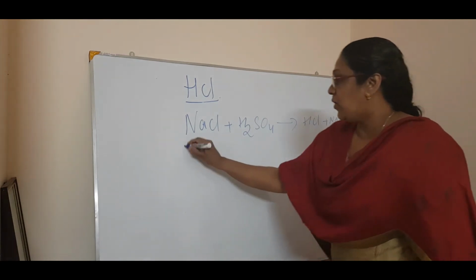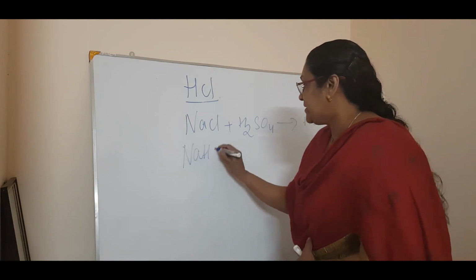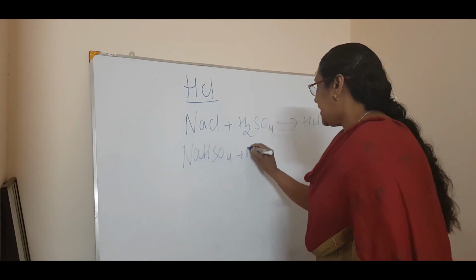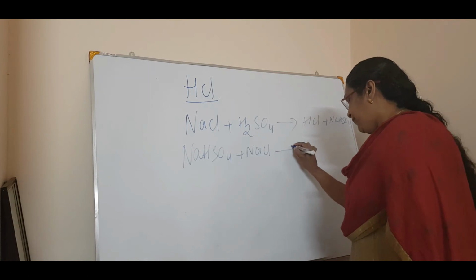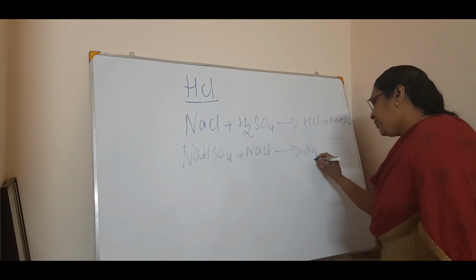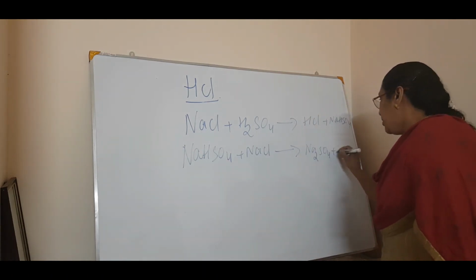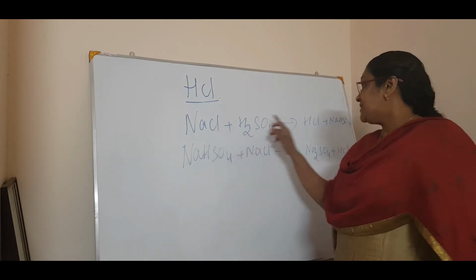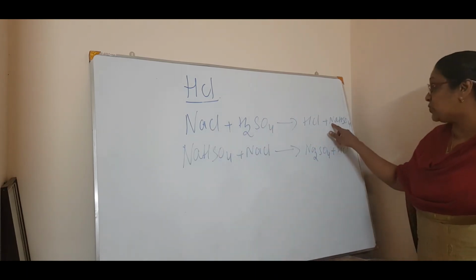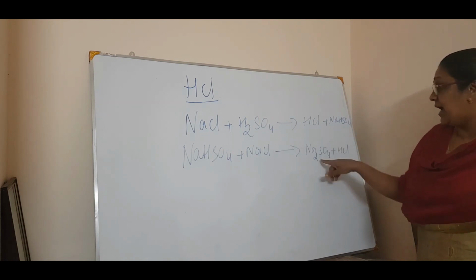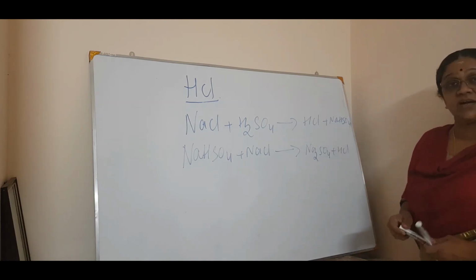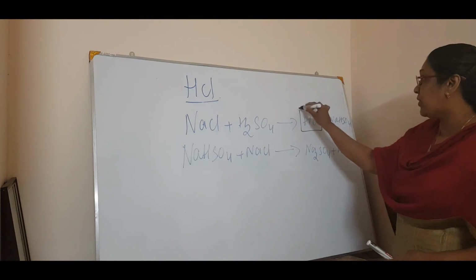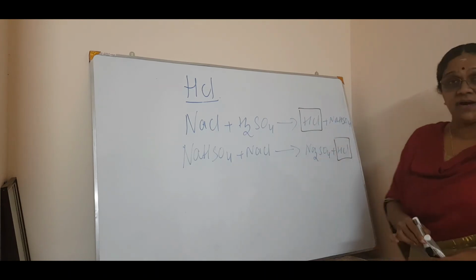Correct? Now second, NaHSO4 plus NaCl will give you Na2SO4 plus HCl. See, there are two steps. First, an acidic salt is formed, that is sodium bisulfate, and second, sodium sulfate plus hydrochloric acid. So this is how hydrogen chloride is prepared.